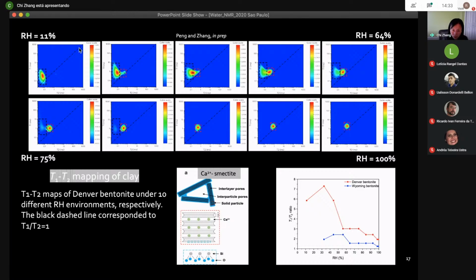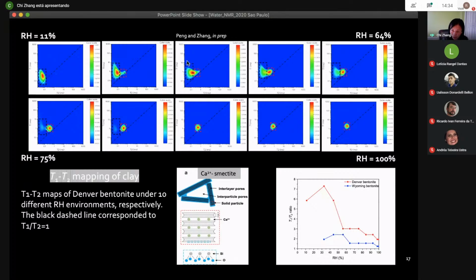And here I show one of the examples, which is a Denver bentonite, a calcium smectite. You can see that as we increase the RH, which is the relative humidity or the saturation degree, we can see both the shifts of the T2 relaxation time as well as the difference in the T1/T2 ratio.